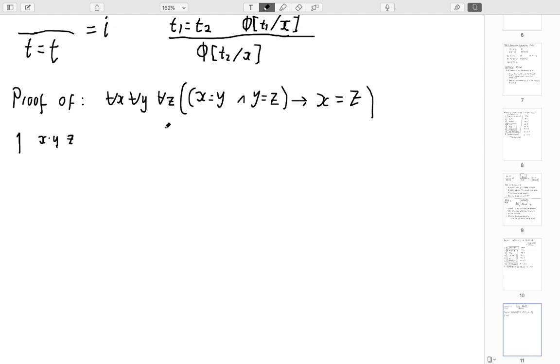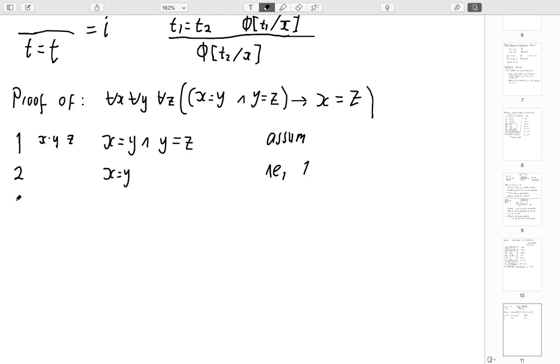And we're going to then make the assumption that's on the left-hand side of the implication. So the assumption is going to be the formula x equals y and y equals z. So this is an assumption. So it's a conjunction, so we can derive that x equals y by and elimination on the left-hand side, that's from line 1.